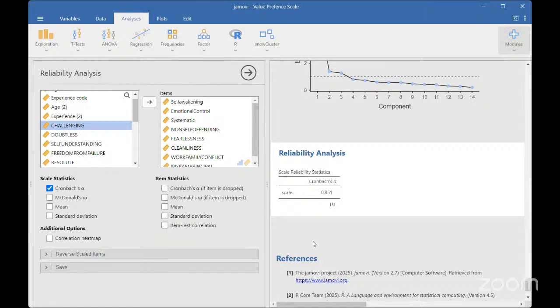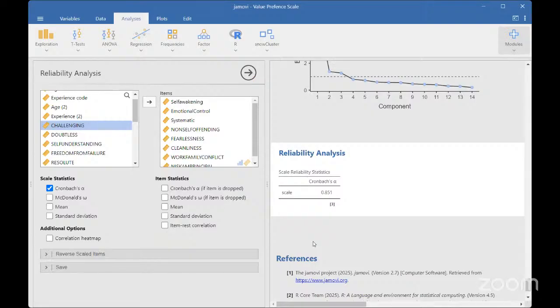Now you find out the reliability is 0.85. Okay. So if we consider the first component, then we get the reliability very high.